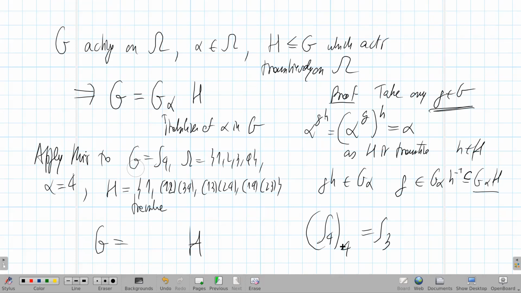So if 4 is fixed, you have permutations on 4 elements in which 4 does not appear. So these are just permutations of 1, 2, 3. So you have S3 here, because S3 is a subgroup of S4, by this convention that if you take the element (1 2 3), this is an element of S4 fixing 4.